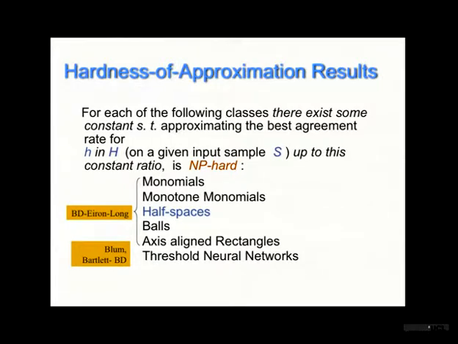Here is a list: monomials, monotone monomials, half spaces, balls, axis-aligned rectangles, threshold neural networks. For all of those, empirical risk minimization is NP-hard and NP-hard to approximate. So these are the problems where we want to see how the assumption that data is robust will help us overcome the NP-hardness.